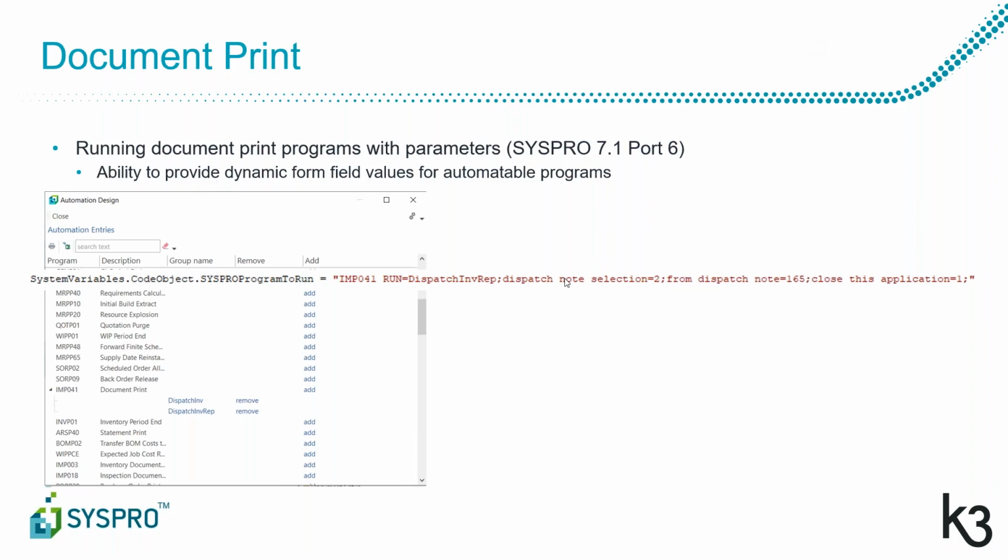So within this piece of code here, I'm setting the dispatch note selection equal to 2, which I think is 2 down or 3 down on the radio buttons, which should be a single dispatch note. And then I put the from dispatch note equal to 165. And then once that's ran, it'll automatically close the application for me. So let's see why that is useful.